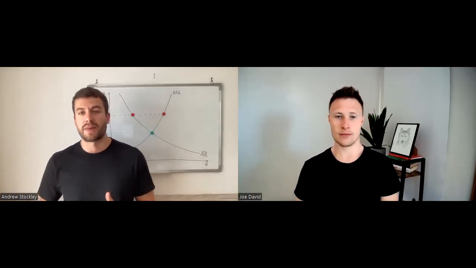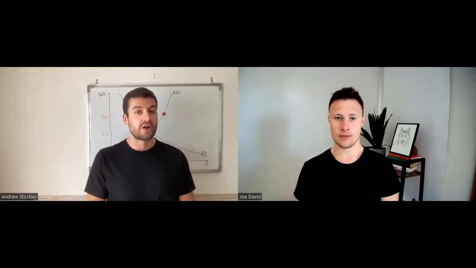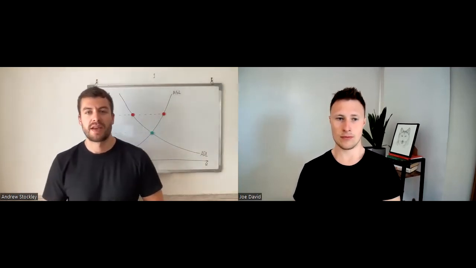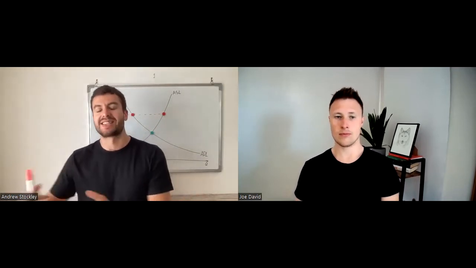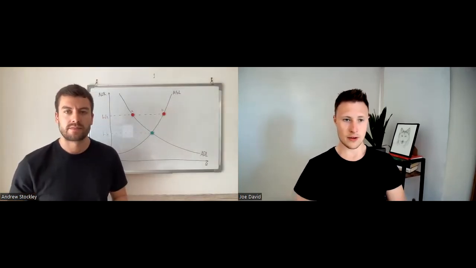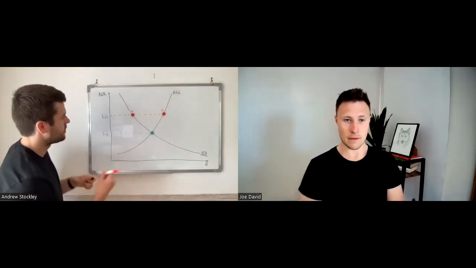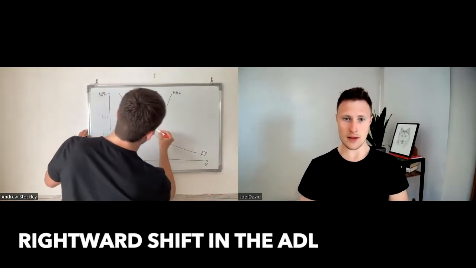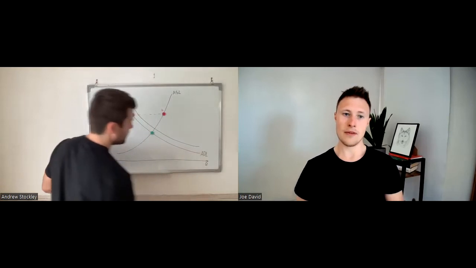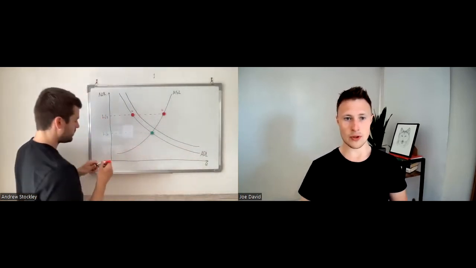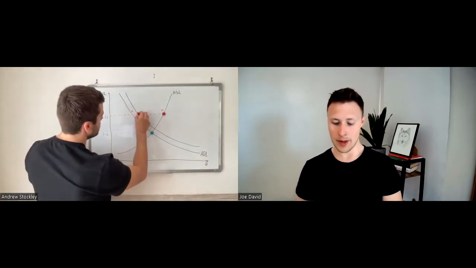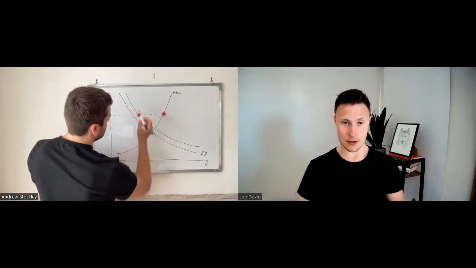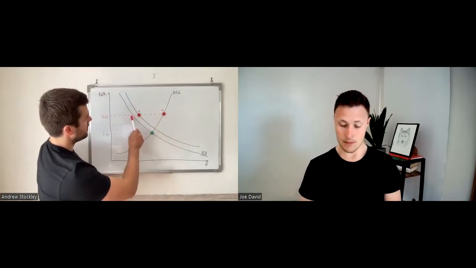This aggregate demand in turn leads to firms demanding more labour in an attempt to meet this extra demand. So Andrew's going to draw this now in graph form, so we can see this effect by a rightward shift in the ADL curve. This rightward shift reduces the gap between A and B. As you can see, it's now reduced, a smaller gap than there was before.